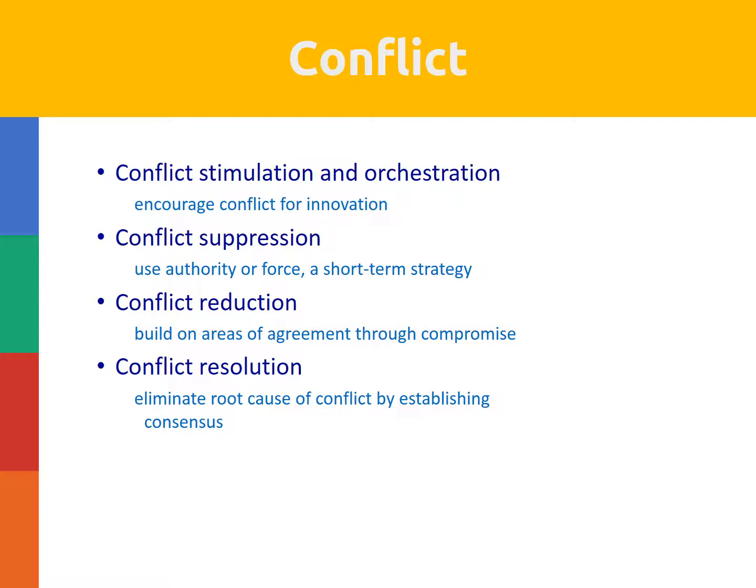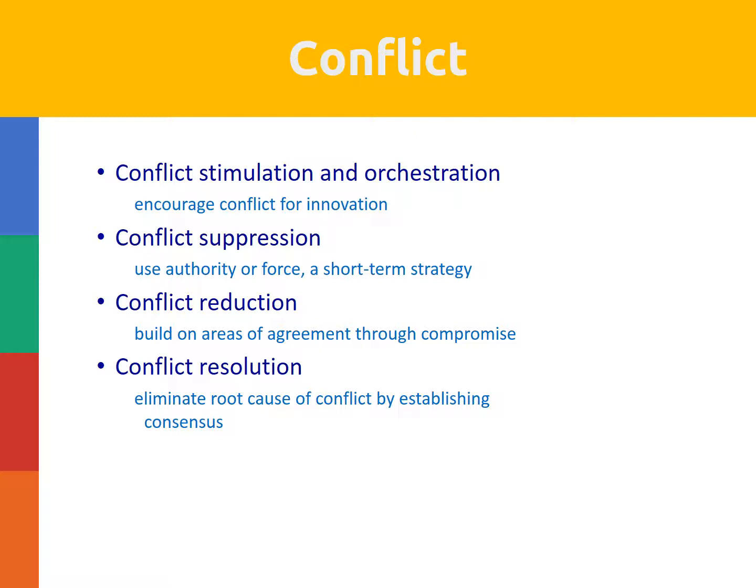Compromise and negotiation can be a longer-term strategy to reduce conflict. This may be useful if there is some kind of employee trade union dispute arising. Ultimately, the most effective long-term approach would be to resolve the conflict by examining the root cause. This is not always as easy as it sounds.